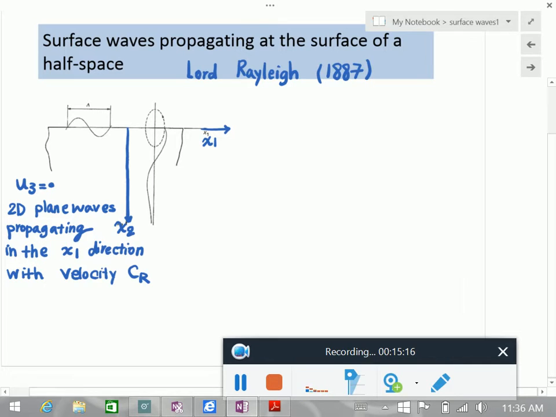Okay. If you were to write the equation of a wave propagating in the x1 direction and attenuating exponentially in the x2 direction, how would that look? Do you want to give it a shot?